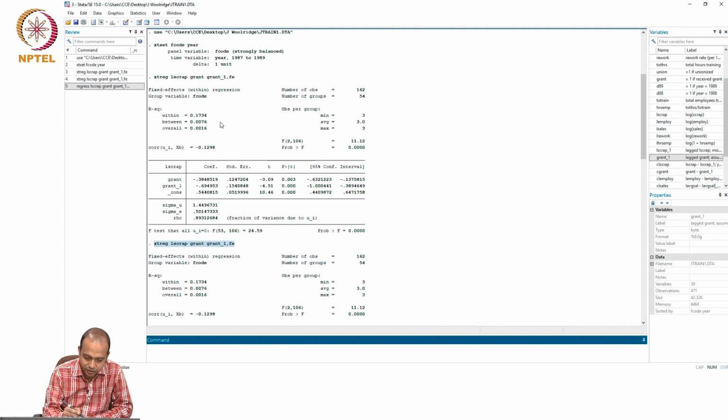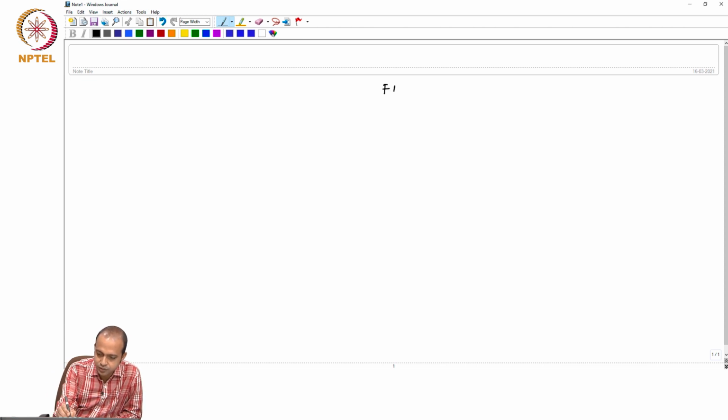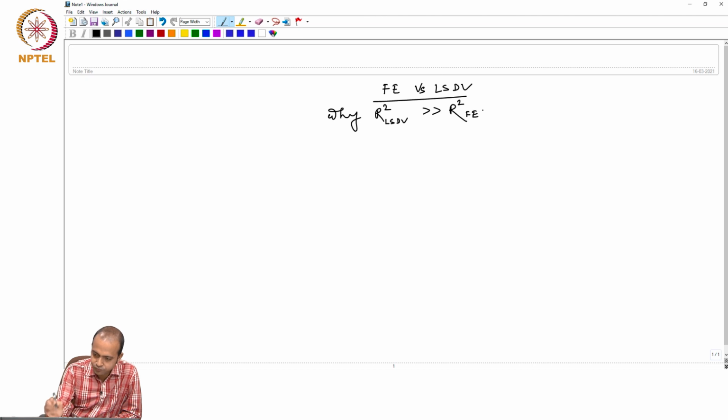So, this is FE versus LSDV, and my question is, why is the R square in LSDV so much higher compared to the R square in FE?